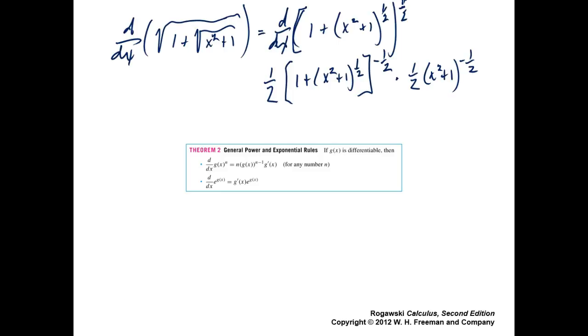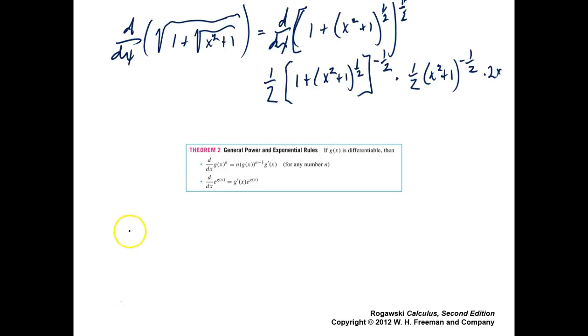The derivative of 1 is 0. The derivative of this is 1/2 times this, and that then is to the negative 1/2. But you still have another inside here. The derivative of that one is 2x. So that's times 2x.